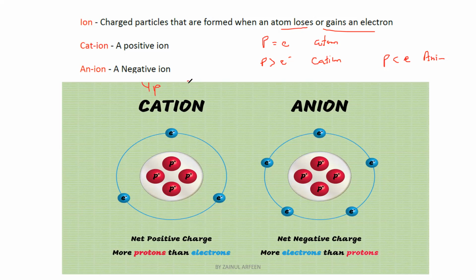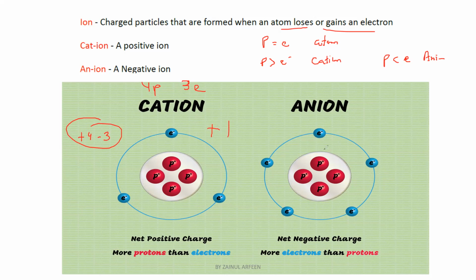So there are 3 electrons. So how can you identify the charge? Proton is positive, so there are 4 positive and 3 negative. So what is the overall charge? Plus 4 and minus 3. What is the resultant charge? It will be plus 1. The resultant charge will be positive or plus 1.